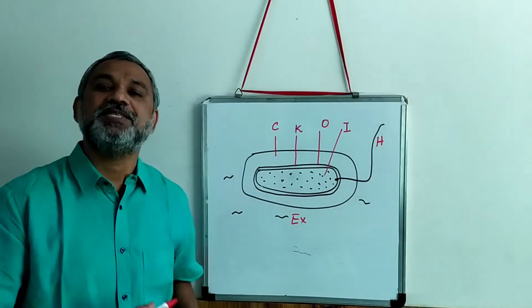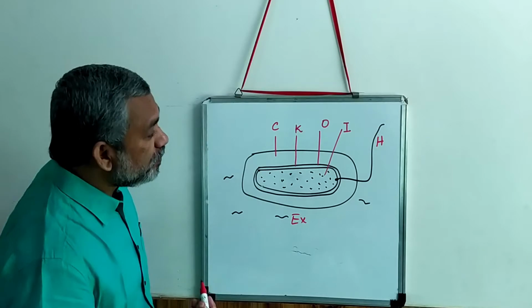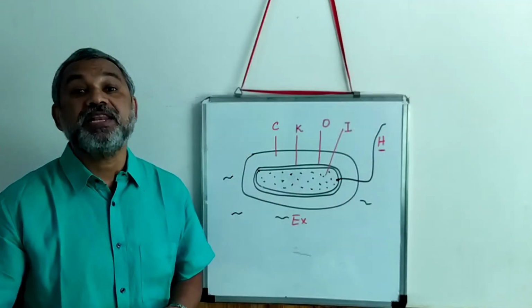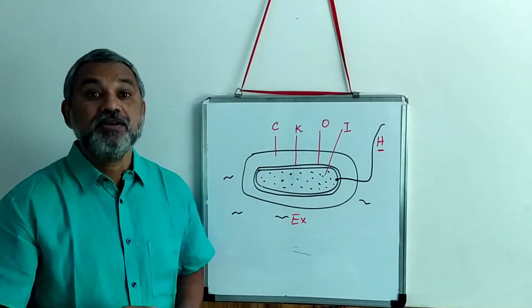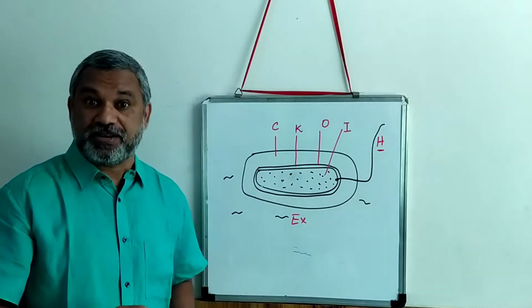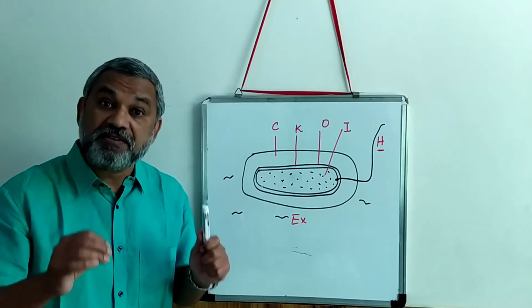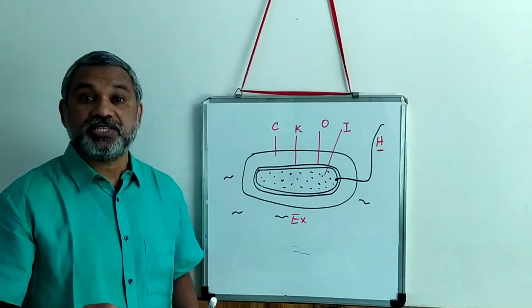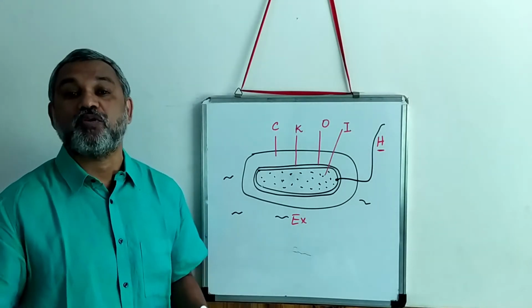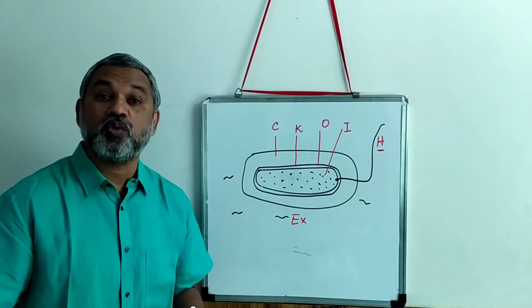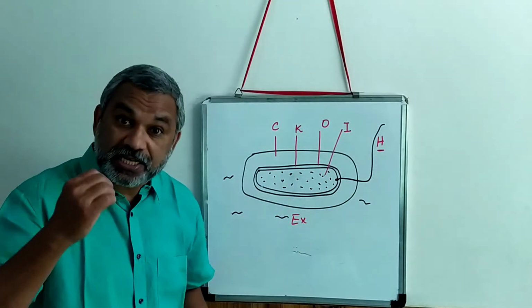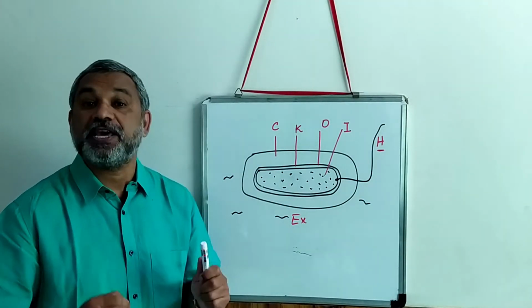The kind of antigens that you find in a bacteria, first of all, let us look at the H antigen. The H antigen is the flagellar antigen. You know that flagella is composed of a protein called flagellin. This flagellin is a very strong antigen that can induce immune response in our body. For example, the enterobacteria has the flagellar antigen, which is very strong.